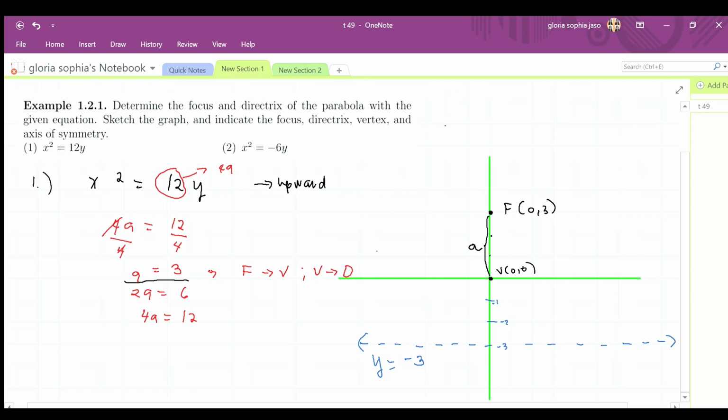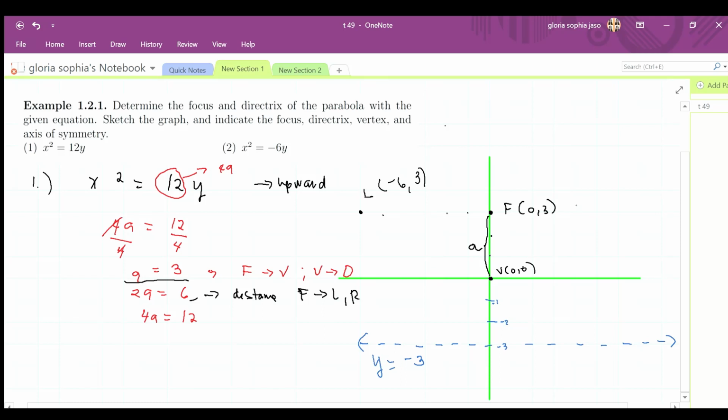Okay, so next is locate the endpoints of the latus rectum. So this one is the distance from F to L or R, the endpoints of our latus rectum, and that is equal to 6 units. So 1, 2, 3, 4, 5, 6. So this point L, the coordinates are negative 6, 3. And then also we will move 6 units to the right.